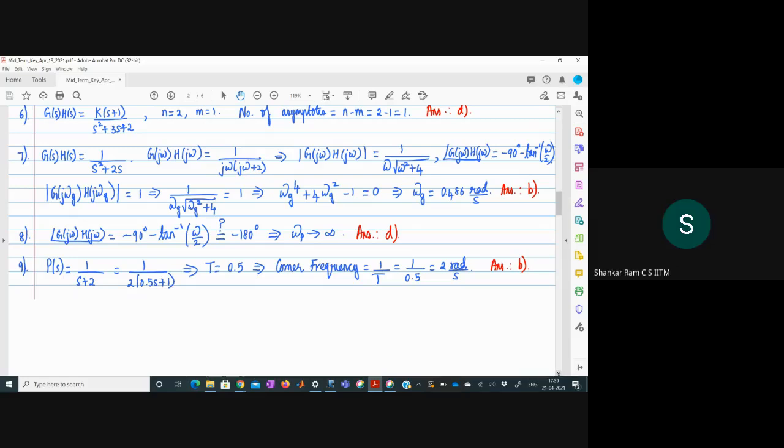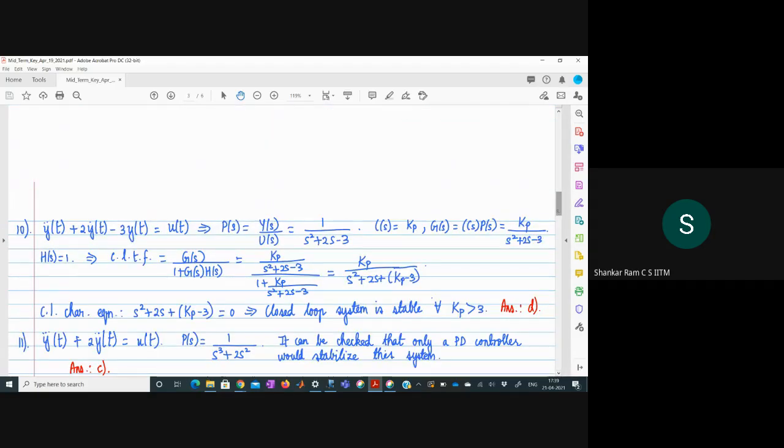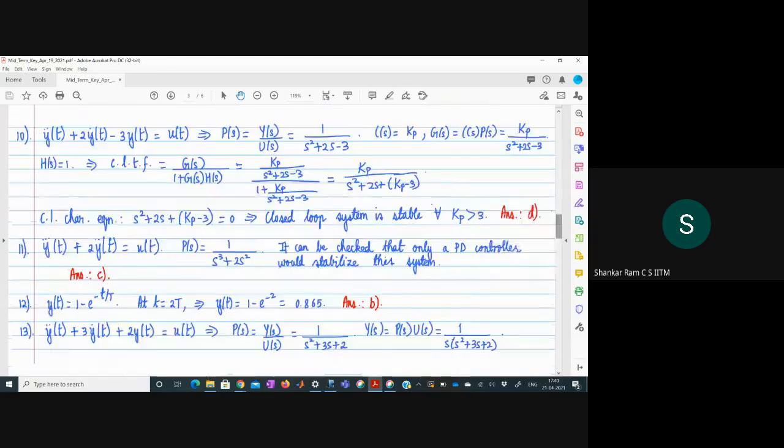So even in that case, I am going to consider only the parameter which has a corner frequency. Yes. So the constant scalar doesn't affect the corner frequency, right? It will affect the value of the low frequency asymptote. The low frequency asymptote will no longer be 0 decibel, right? Yeah. But the corner frequency will remain the same. Okay, sir. Thank you. Sure.